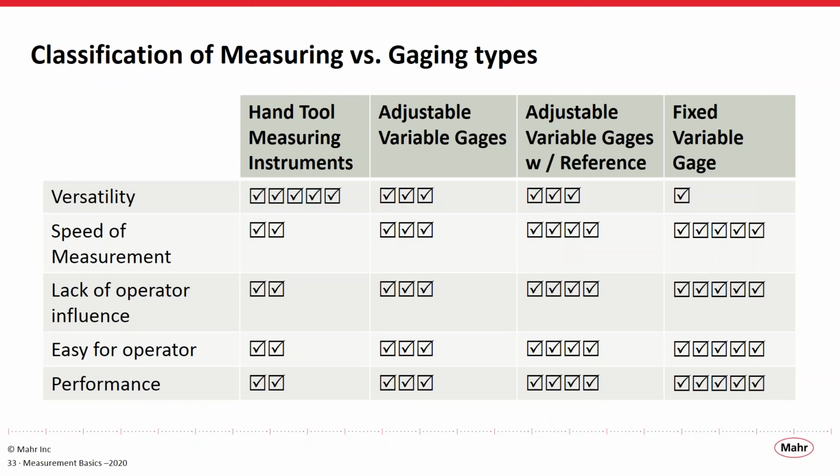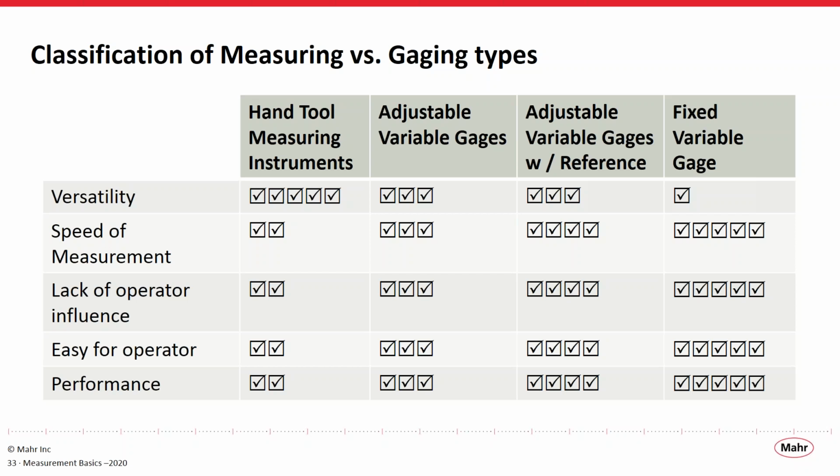So we said that hand tools, which are measuring instruments, have lots of versatility, but they lack speed because the operator has to bring them into contact and adjust them with their influence to get a good reading.